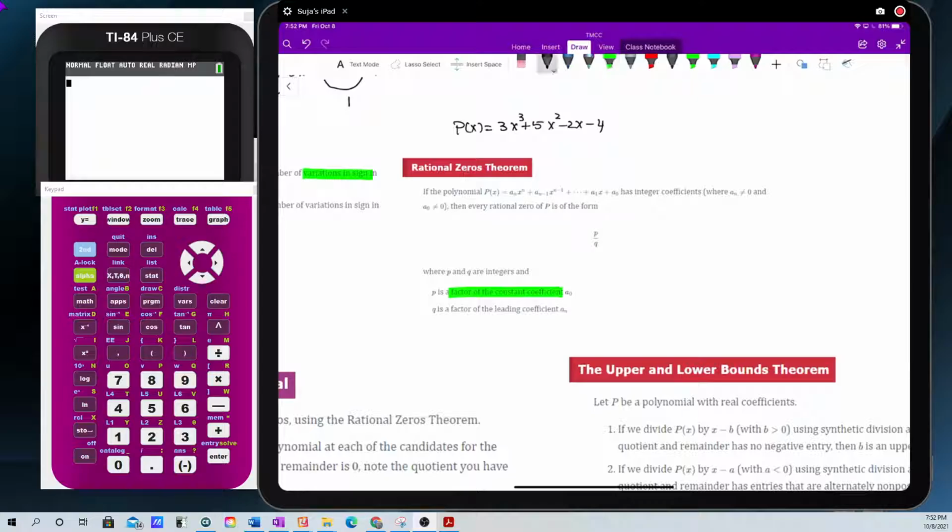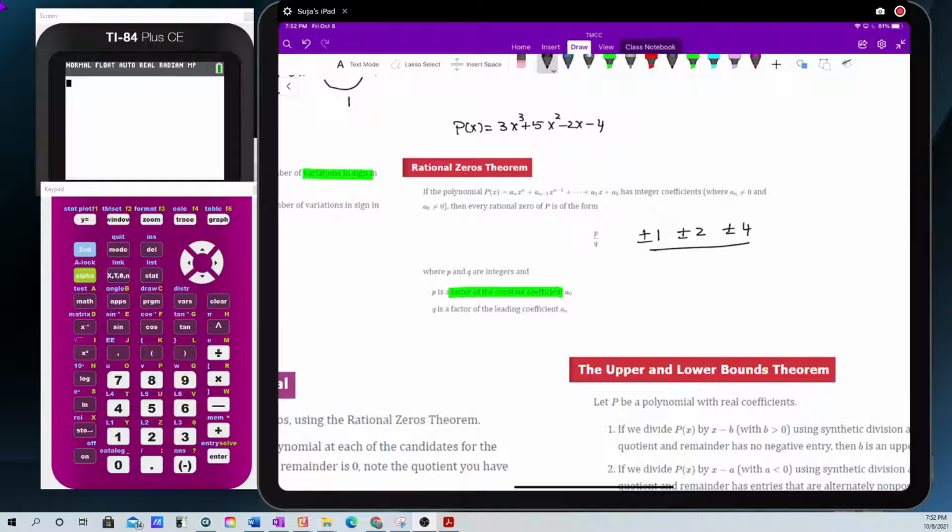In this case, it's the factors of 4. Don't worry about this negative sign, because I'm going to take plus or minus. So the factors of 4 are plus or minus 1, plus or minus 2, plus or minus 4.